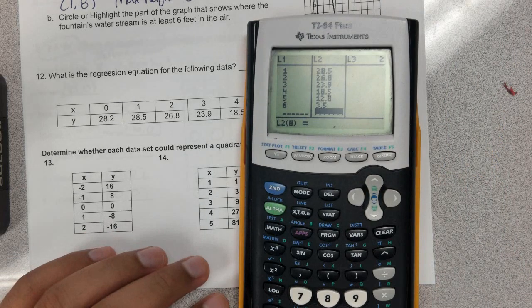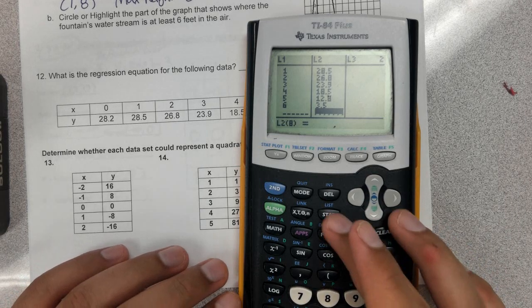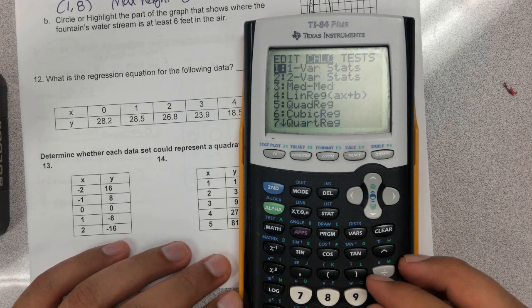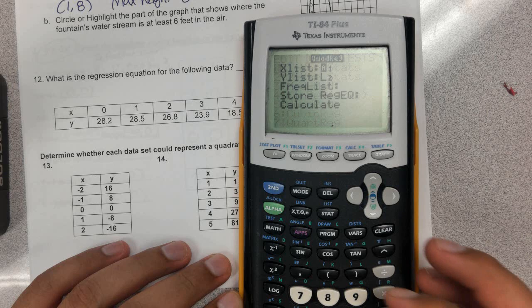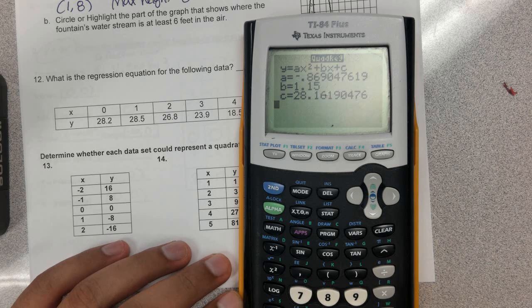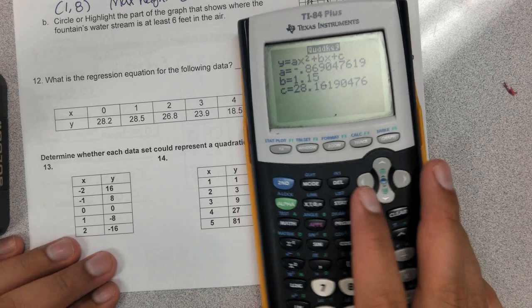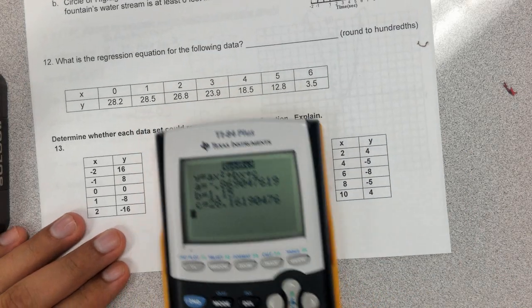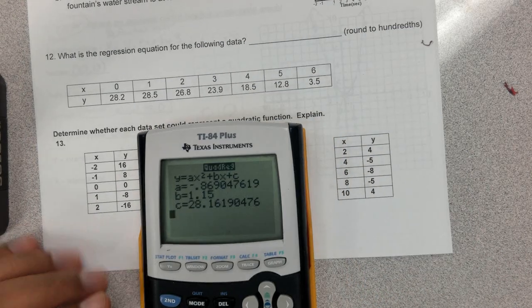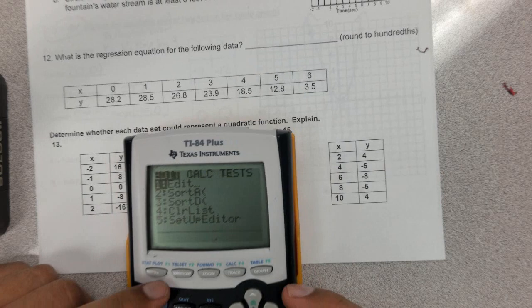Once you have your L1 and L2 entered into the calculator, go to Stat, Calc, Quad Reg, 5, enter. Then we get the data. Let me just make sure I inserted this correctly.